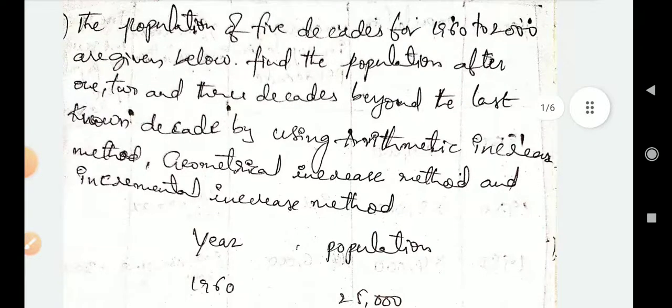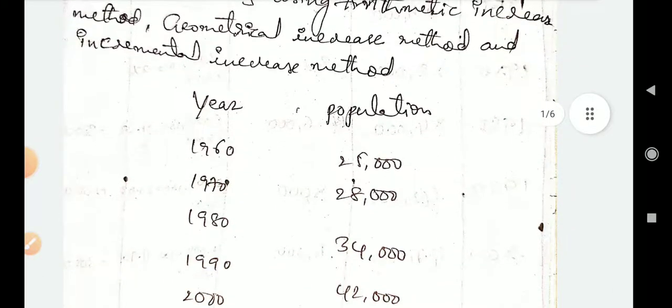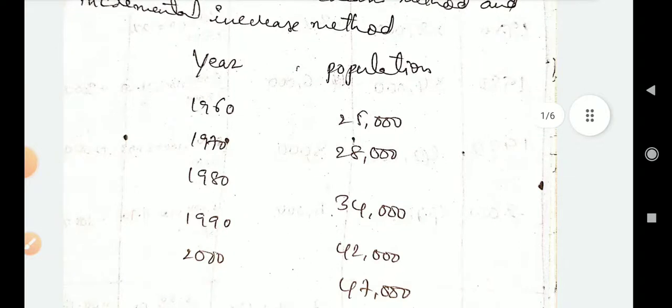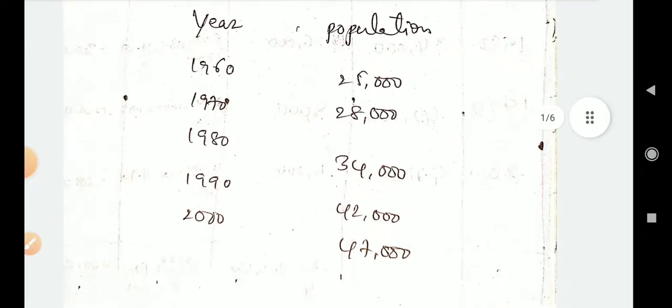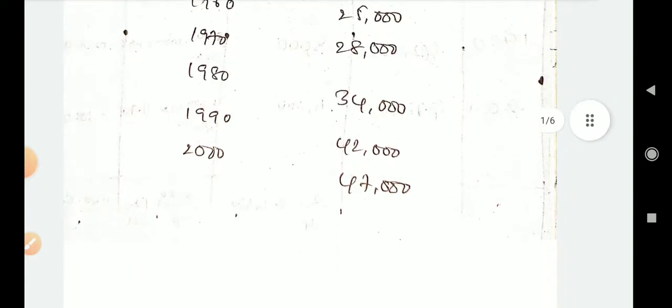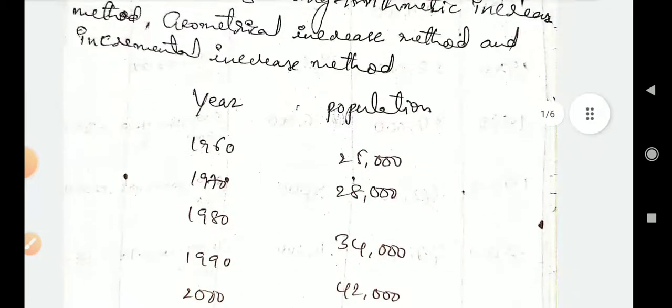Three methods are used to calculate the population. Year and population: 1960, 25,000; 1970, 28,000; 1980, 34,000; 1990, 42,000; 2000, 47,000. This is the question given.